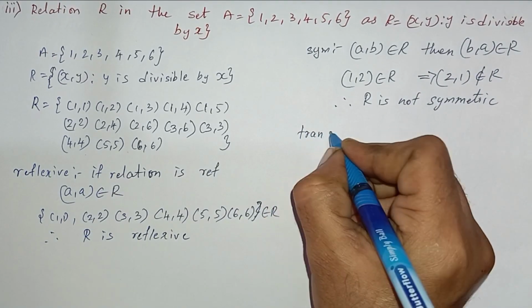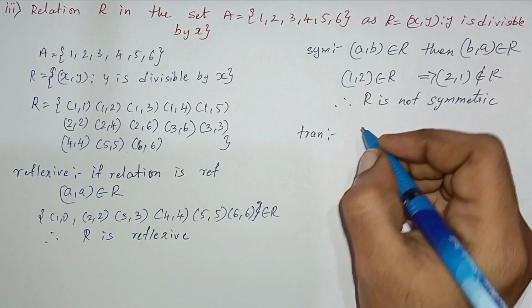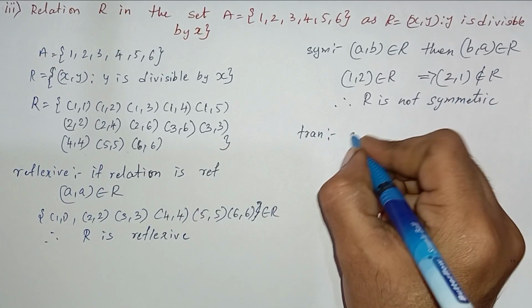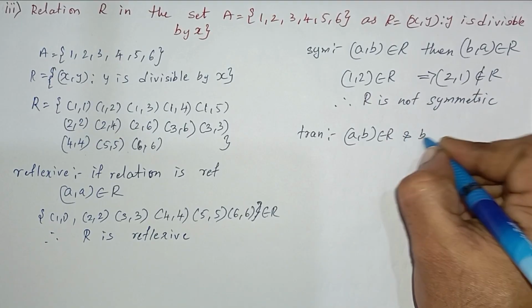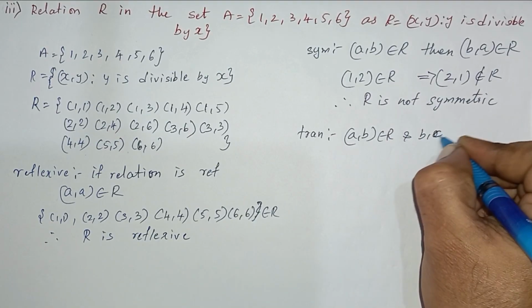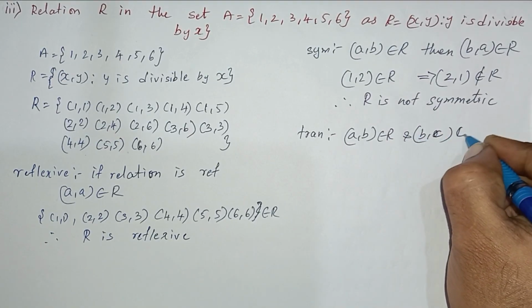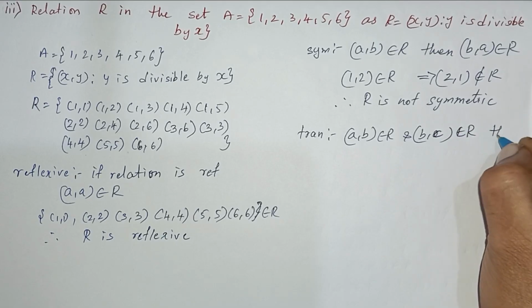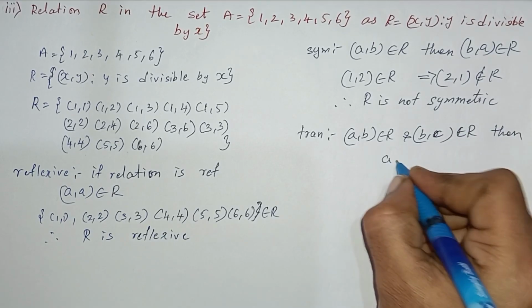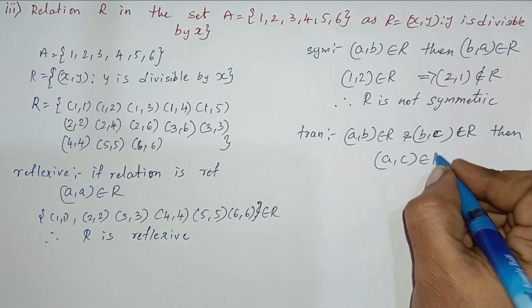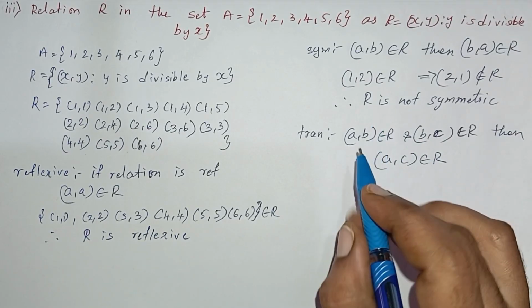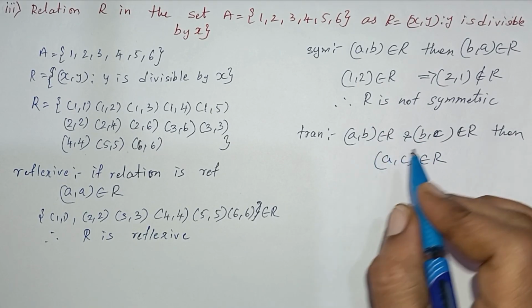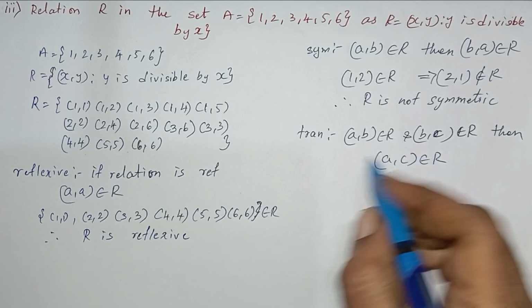Next, we have to check for transitive. What do we say if a relation is transitive? If a comma b belongs to R and b comma c belongs to R, then a comma c should belong to R. So we will take an example.